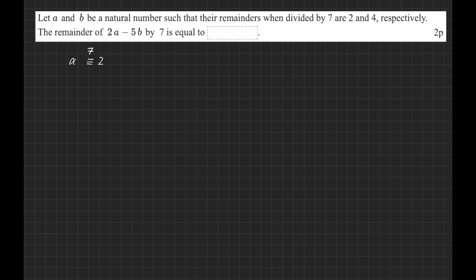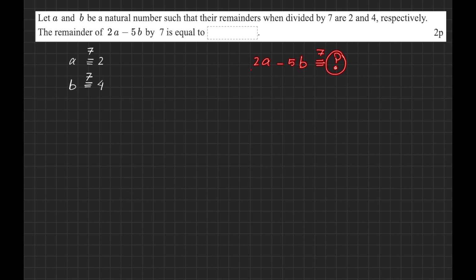And then when I divide b by 7, the remainder is 4. So what does it mean? It means b is congruent to 4 modulo 7. But now I want to know, if I divide this number by 7, what will be the remainder? So I need to ask myself, if I simplify this modulo 7, what will be this number? But I have to give this number in a way that it is non-negative and less than 7. Extremely simple.